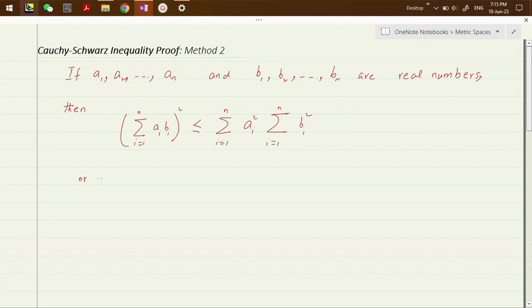Or, equivalently, we can say that mod of summation i from 1 to n ai bi is less than or equal to root of summation i from 1 to n ai square into root of summation i from 1 to n bi square.